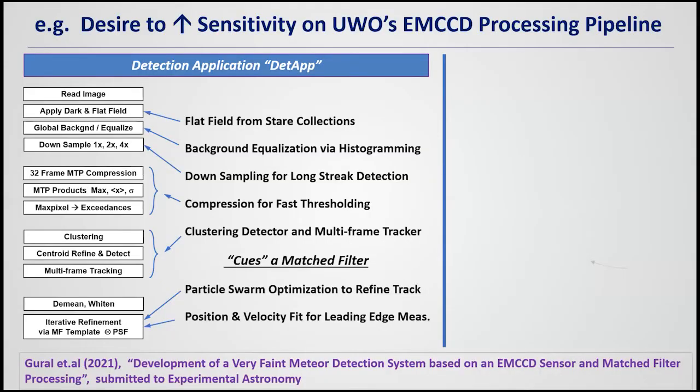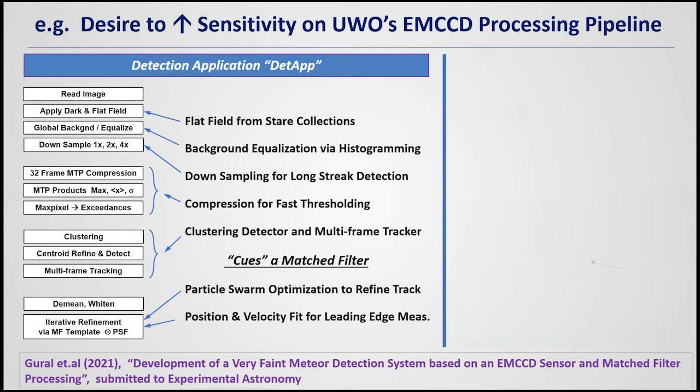So at the University of Western Ontario, I've been supporting their work on developing the EMCCD processing pipeline. What you see on the left is a detection application that I've built for them. It's referred to as DEDAP, and it involves a number of processing blocks here that all are very optimized in terms of runtime.